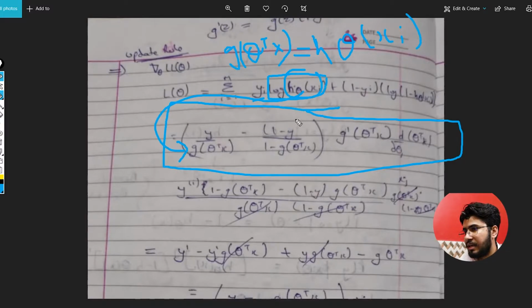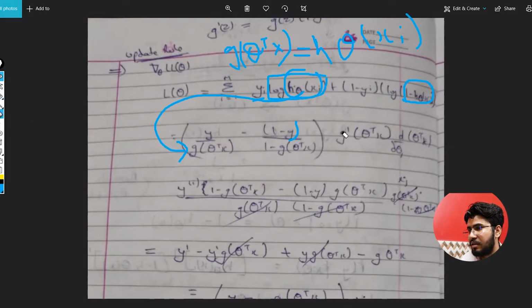Similarly, in this case I have used 1 minus y divided by this value, and moved it here. Okay, so this is basic.